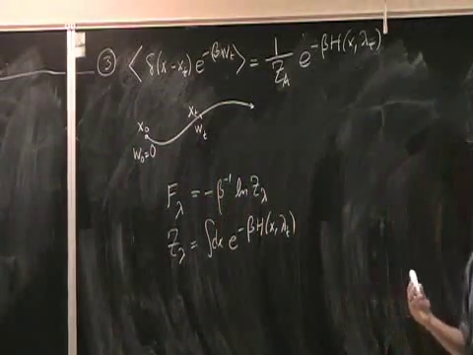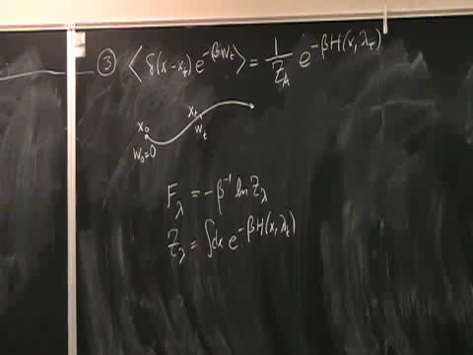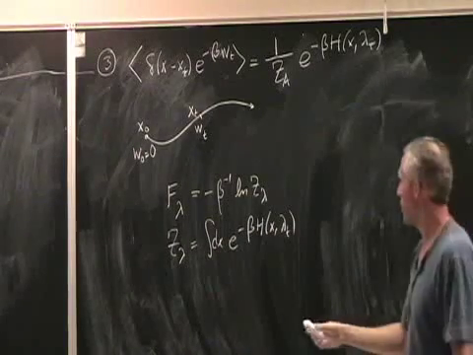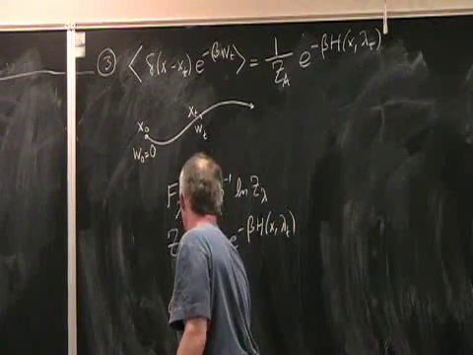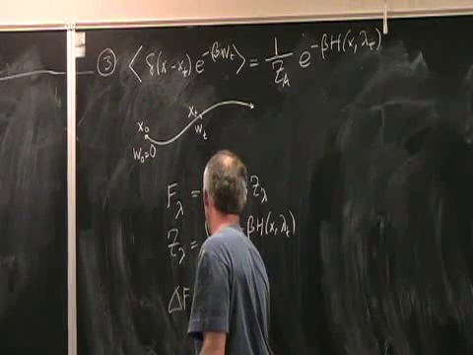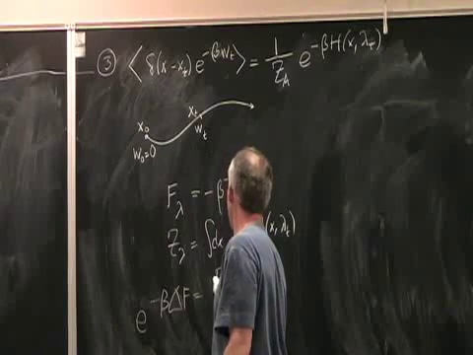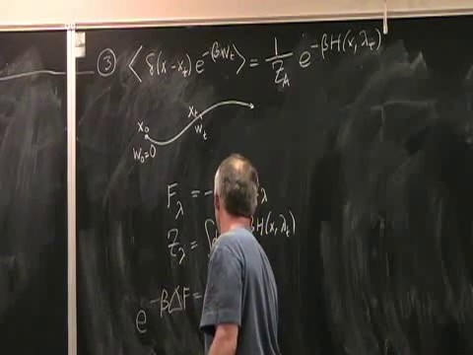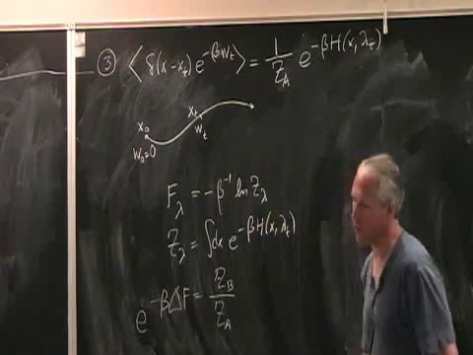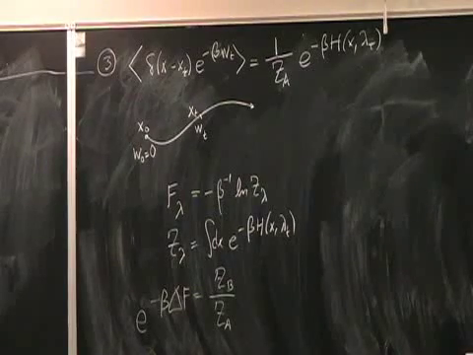Well, because of ZA and ZB, right? Pardon me? Because of ZA, delta F is ZA minus ZB. ZB over ZA. That's right. e to the minus beta delta F is Z sub B over Z sub A.